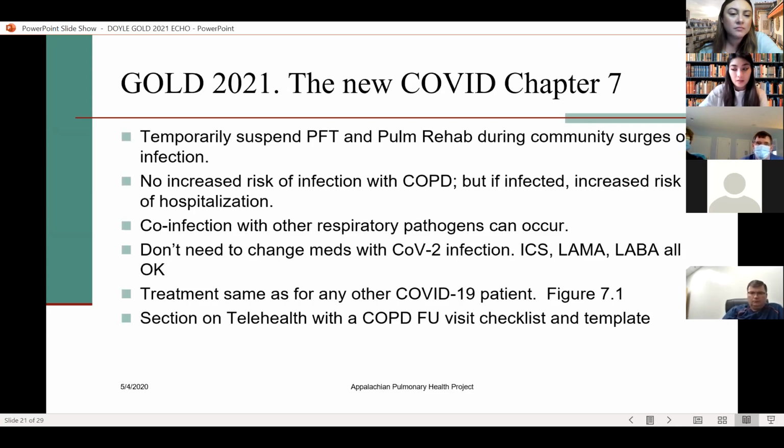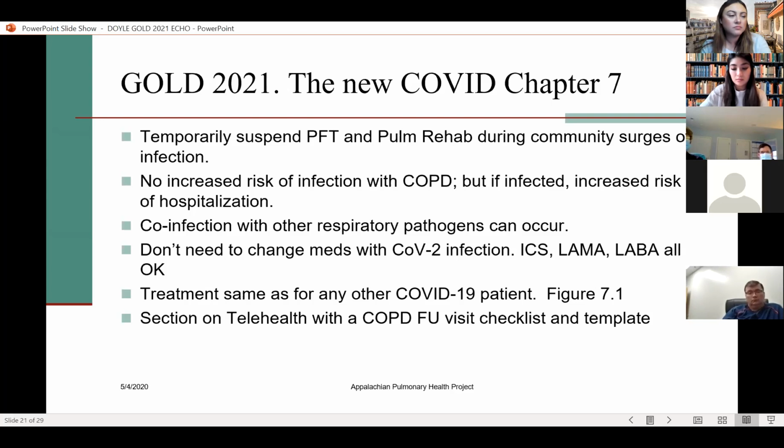They said to remember that there is co-infection with other respiratory pathogens. I struggle with this sometimes. Well, if they have influenza, then they don't have coronavirus. Not true. You can have co-infections. They said there's no reason to change any of their COPD medicines with coronavirus infection. So ICS, LAMA, LABA, all okay to continue.